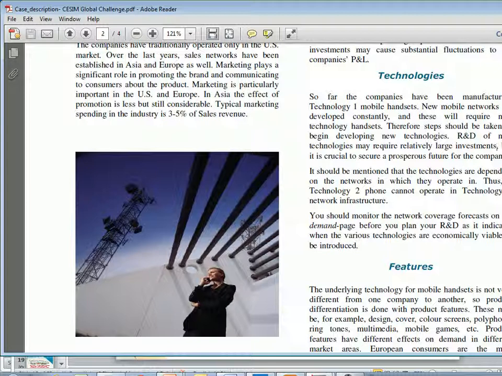It costs a lot of money to go from technology 1 to technology 2 to Tech 3 to Tech 4. But if it's in line with the new mobile networks, it's a prosperous time for the company. Another word for prosperous time is SCA, sustainable competitive advantage. That certainly is possible.